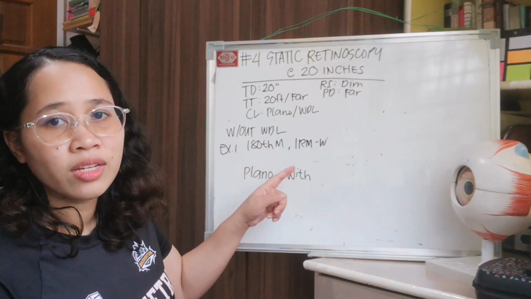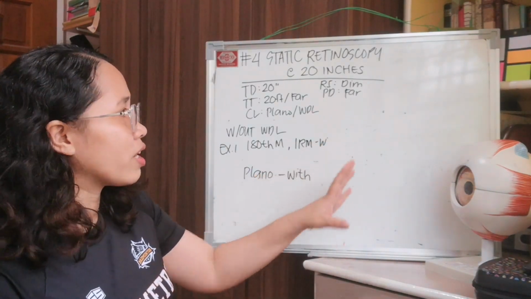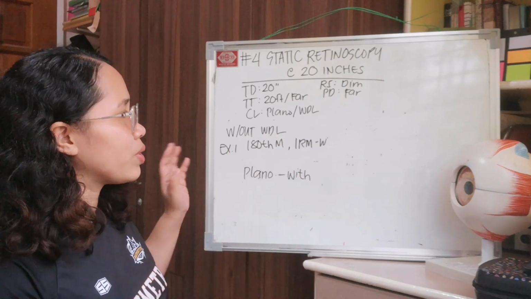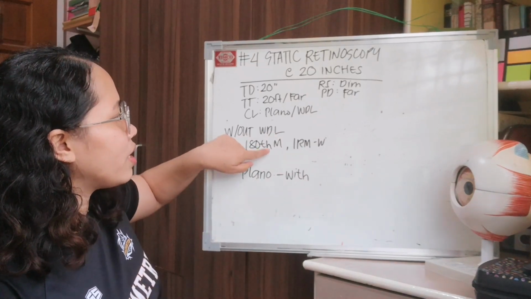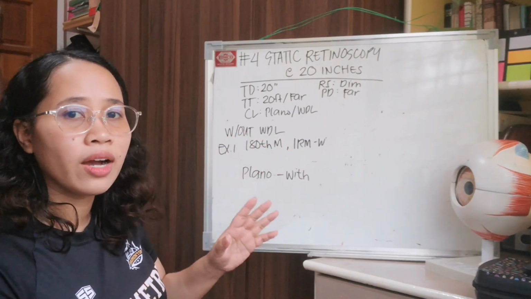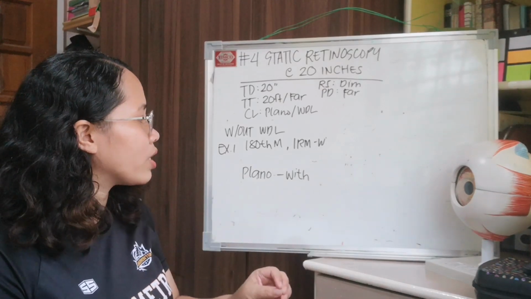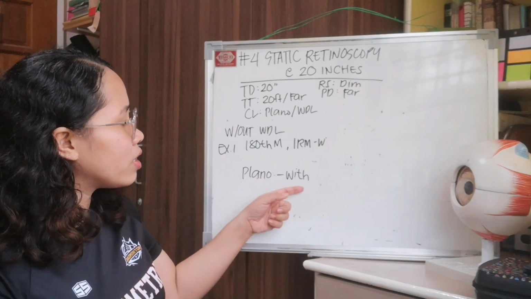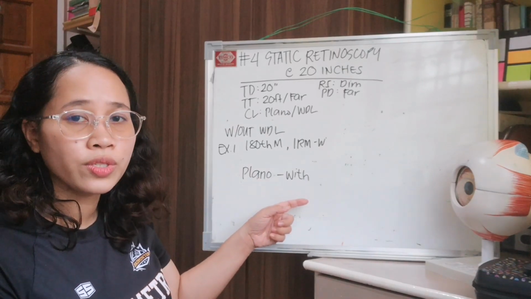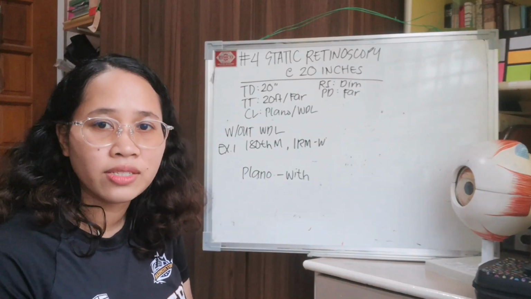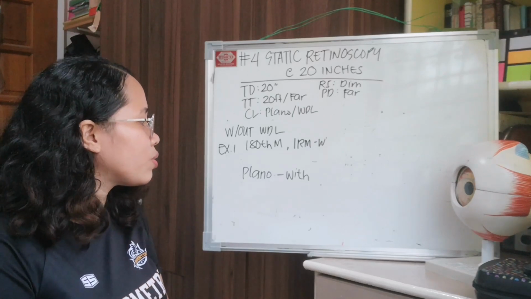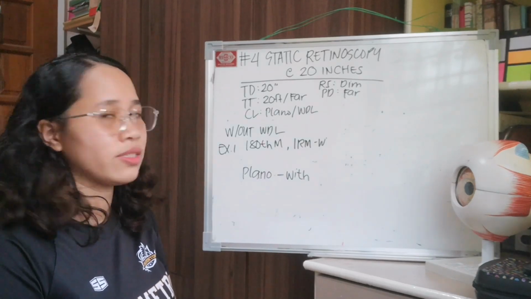Sorry, I'll just make it a shortcut so that it can fit in my whiteboard. At the 180th meridian, the IRM, initial reflex movement, is with. So because it's with, you will introduce plus. Correct. You will introduce plus lens.